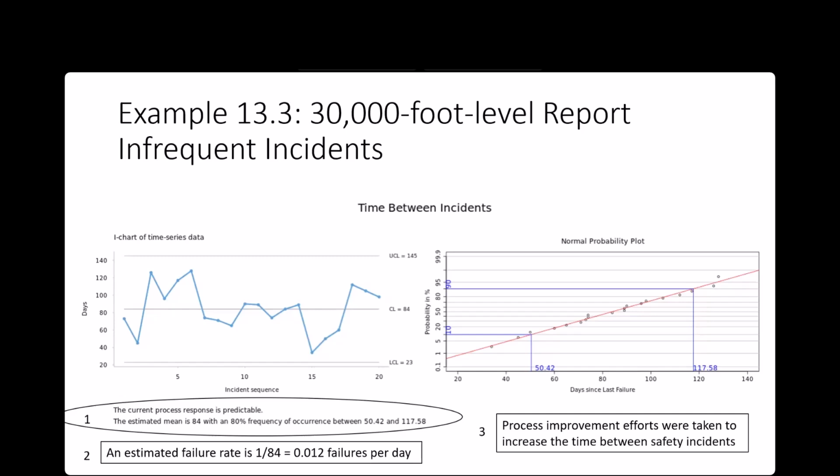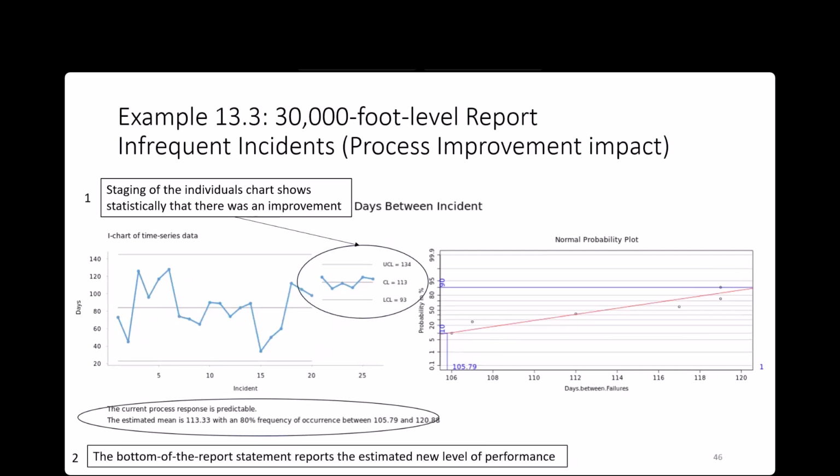Number 3, we noticed that process improvement efforts were next taken to increase the time between safety incidents. So we wanted to improve this from just having a mean of 84 days. We wanted to increase that. I didn't get the details of what was done, but we noticed there was a staging of the chart because now we can see that there was an improvement here.